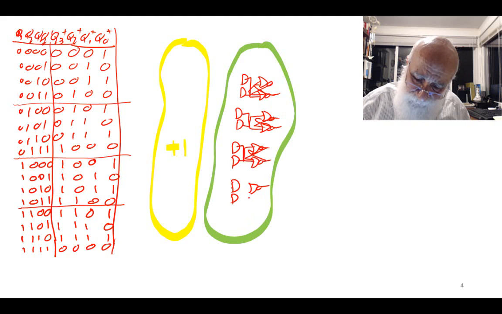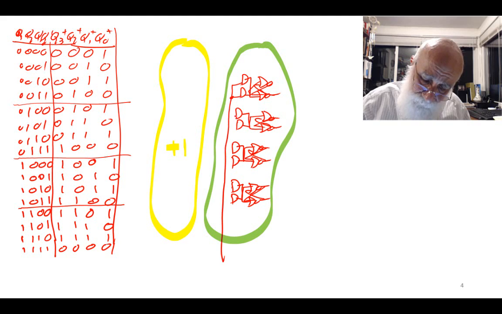Just repeating the same thing we did in the previous slide. Then there's a clock.